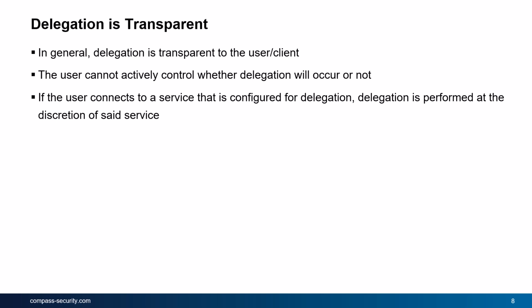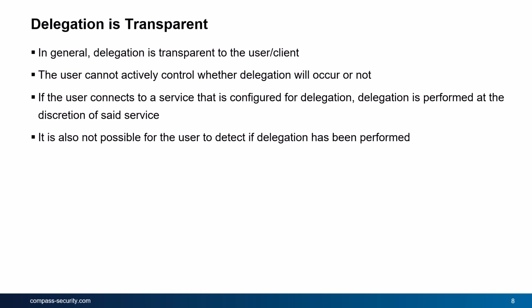So the system that is configured for delegation is essentially the one that decides whether it wants to take action on that and perform delegation or not. And the user, as I mentioned before, has no say in it, and it is also not technically possible for a user to see if delegation has occurred directly.